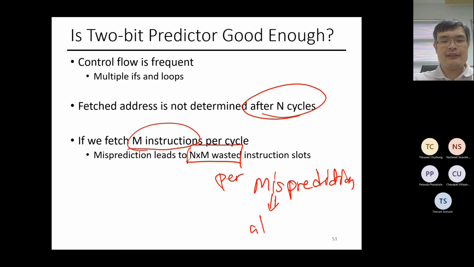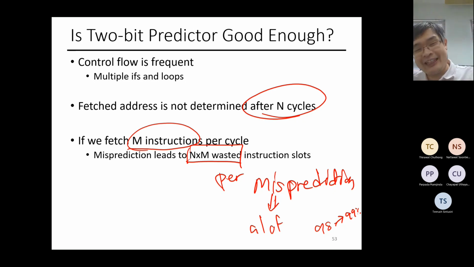This is a lot. So you want to get close to 98 to 99% correctness in terms of branch prediction. Otherwise, the CPU would get a lot slower. So, is a 2-bit predictor good enough? Back in the day, 1981, yes. Nowadays, 2021, no. 40 years later, you need a much better branch prediction.